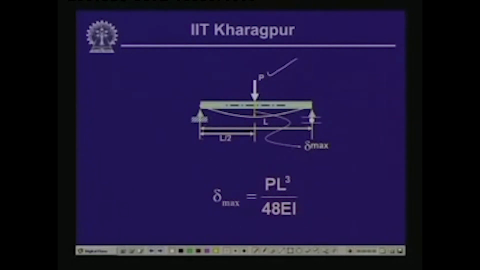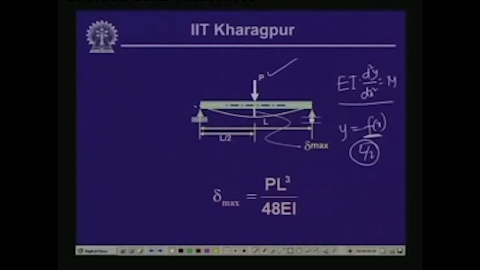We solved this example last time, and we have seen that if we employ the differential equation for the deflection curve or the elastic curve, EI d2y by dx2 equals bending moment M, then we get the expression for the elastic curve y as a function of x, and there if we substitute x equals L by 2, then we get the value of y.